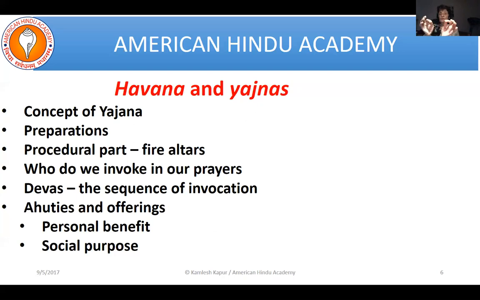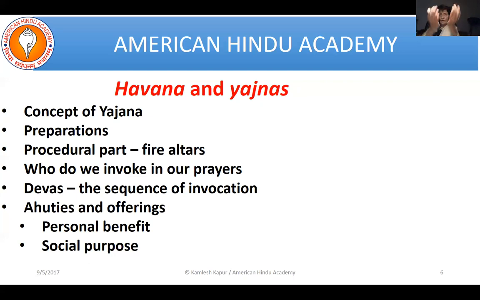And the most important word is self-negation, which means we are not considering ourselves, we are considering devas and the humanity. Idam namam, not for me. This is not for me.